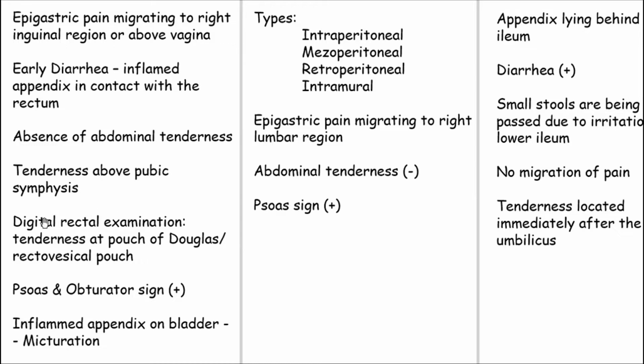For these patients, we can do a digital rectal examination, where we find tenderness at the pouch of Douglas or the rectovesical pouch. We also find two signs positive, which are the psoas and obturator signs. And if the inflamed appendix is in contact with the bladder, these patients might have micturition symptoms.